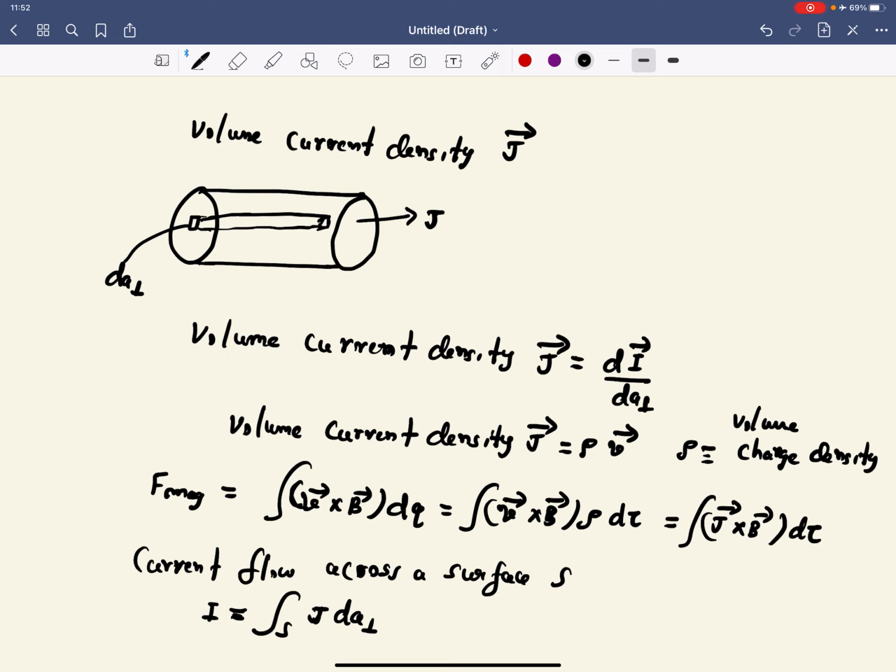We have written J in terms of the current and the area of cross section, so I'm just rearranging.